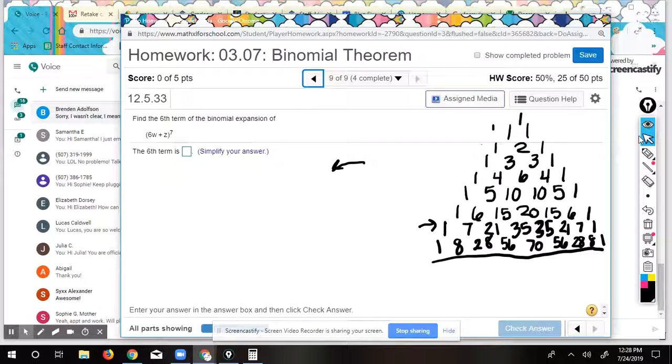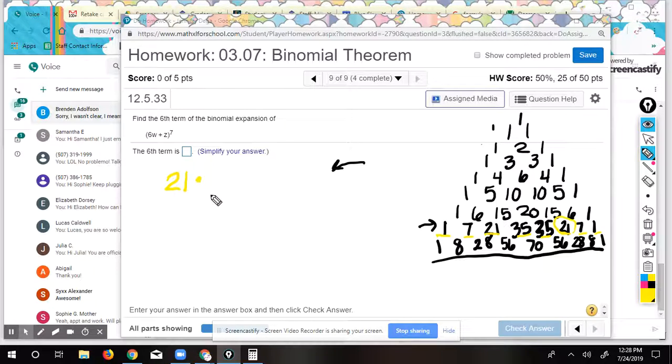Oh no, it isn't. I can use the triangle to help with that. So when it expands fully, it's going to have 1, 2, 3, 4, 5, 6, 7, 8 different terms. So we want the 6th term. So that's going to be 1, 2, 3, 4, 5, 6. It's going to be this one. So it's going to have a coefficient of 21.